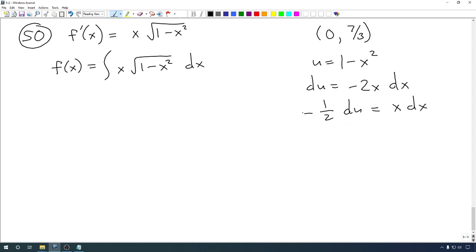In fact, I can go ahead and pull the negative 1/2 out. So negative 1/2 times the integral of the square root of u du. In fact, we can go ahead and immediately turn this square root into a 1/2 power.